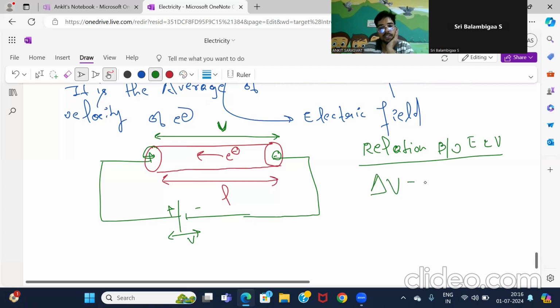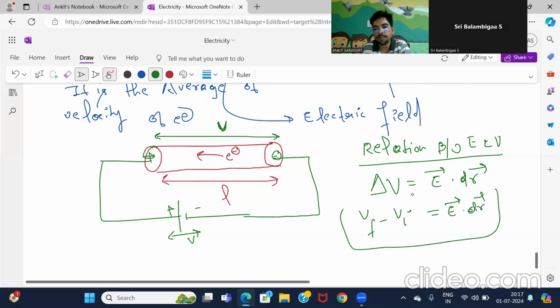Delta V is equal to E dot dr, a dot product. dr is the small displacement of the charged particle. What is E? E is the electric field. What is delta V? Final potential minus initial potential. This formula is very important.